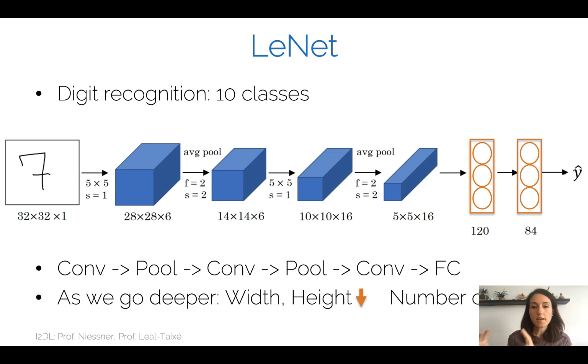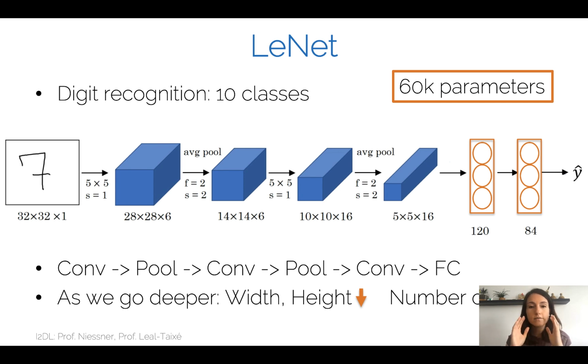And as we reach the last layer, we had a small spatial resolution of 5 by 5, but the depth has been increased to 16. So the features extracted from the spatial coordinates are put into the depth of our activation map. And this is again a characteristic that is present in most modern CNN architectures.